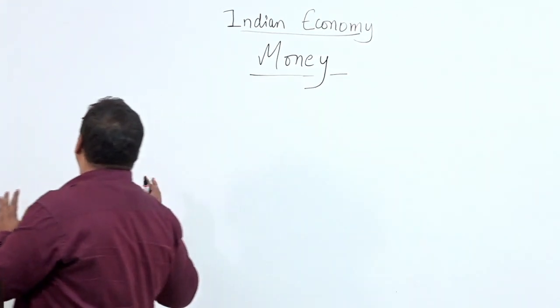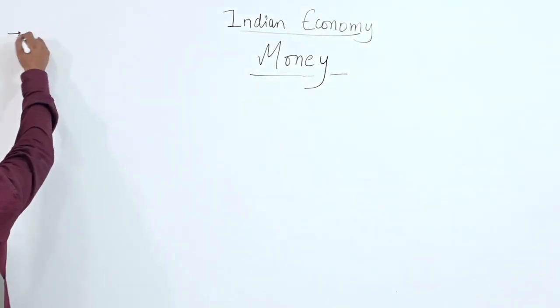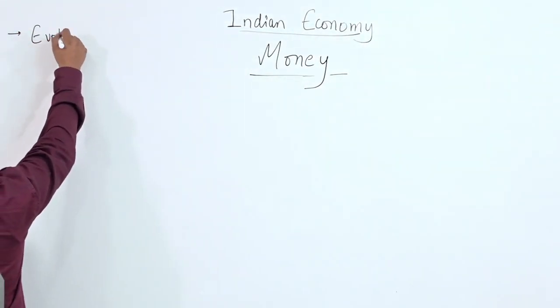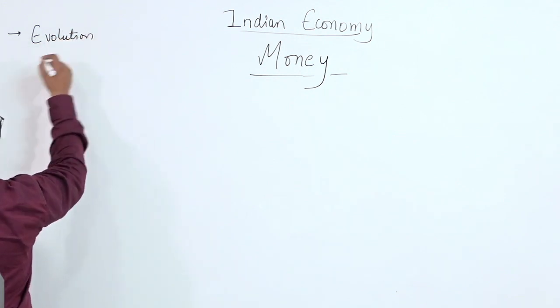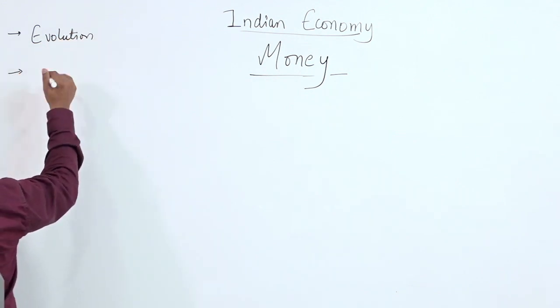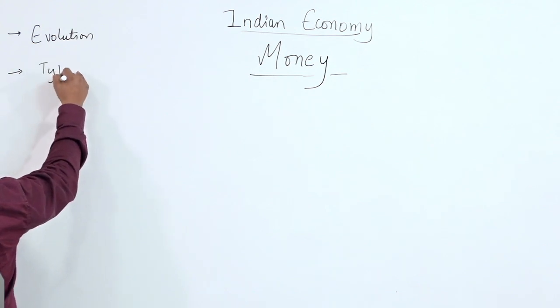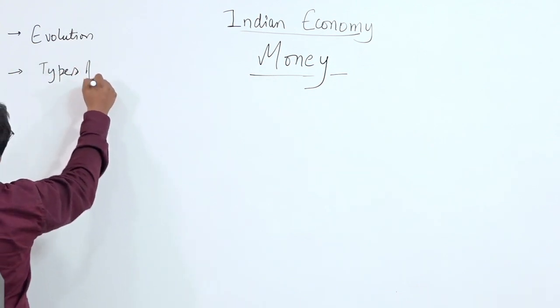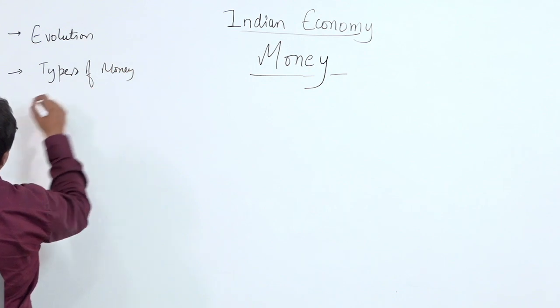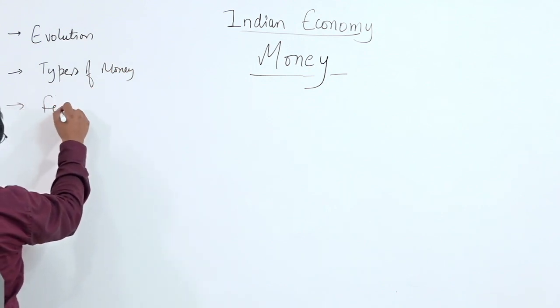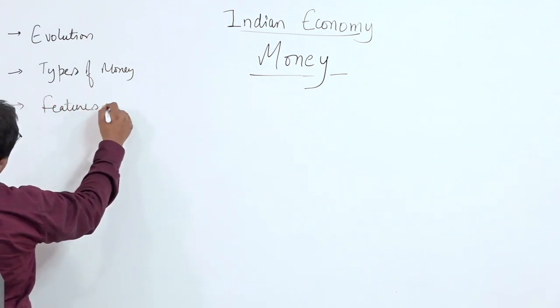And in this session, what are we going to do? First of all, we will understand the evolution of money very briefly. Then after we have understood evolution, we will look at the types of money. Then after types of money, we will look into the features of money.